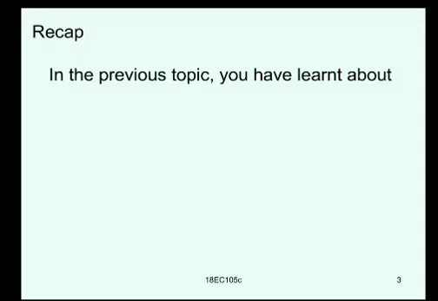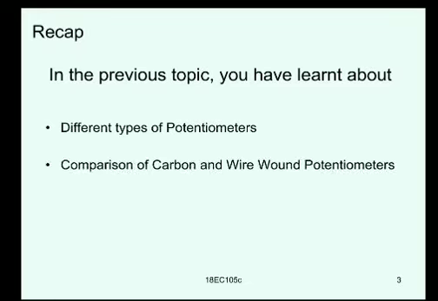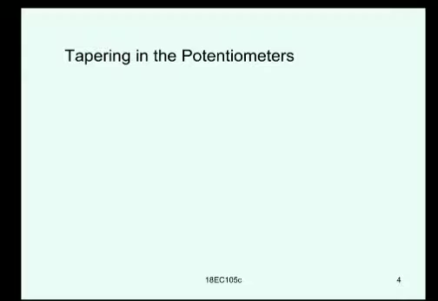In the previous topic we learned about the different types of potentiometers. Then we also looked into the comparison of carbon and wire-wound potentiometers. Now let us see what we understand by tapering in potentiometers.